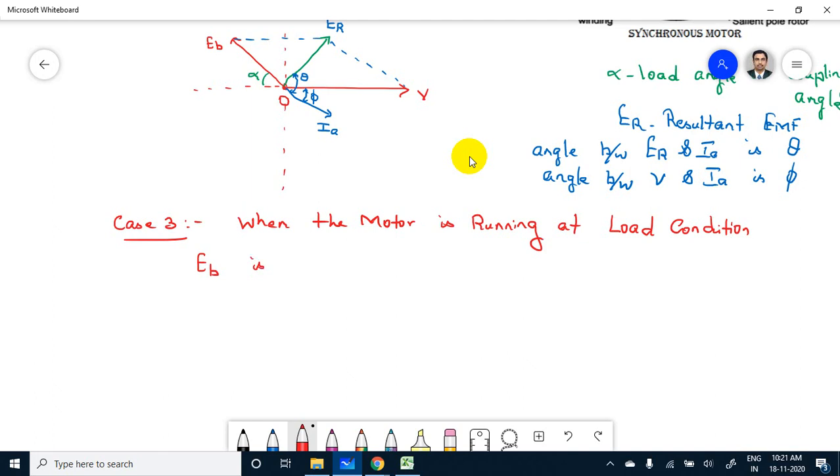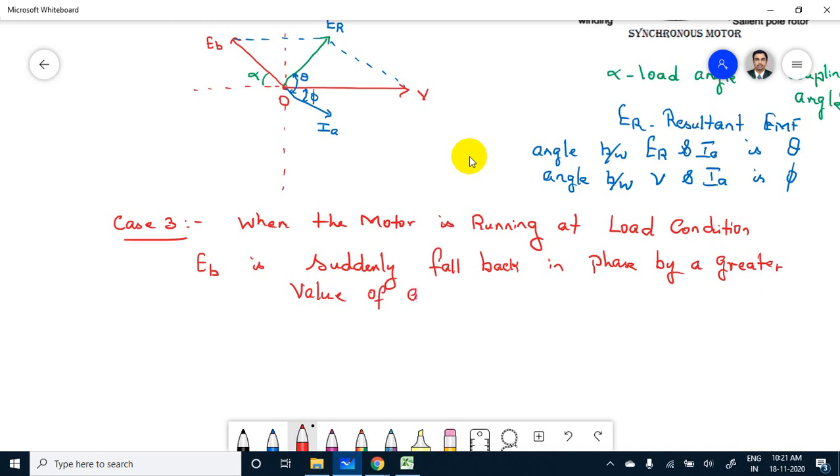suddenly falls back in phase by a greater value of angle alpha.